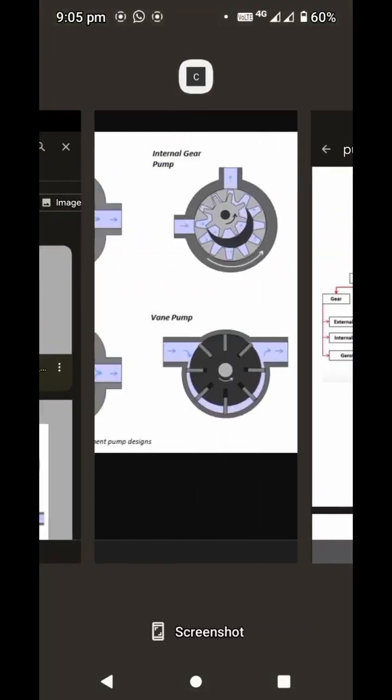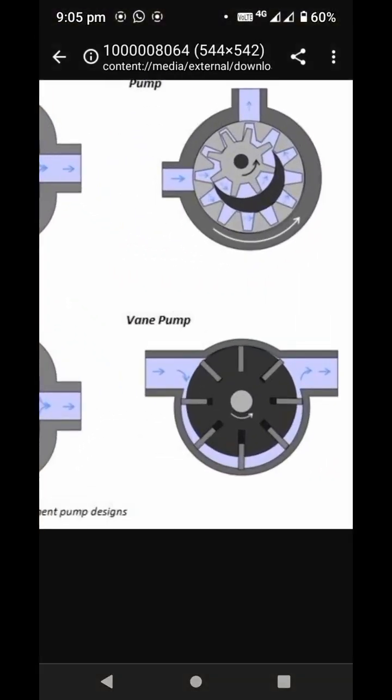Eccentricity means there is a shaft in this particular vane pump, and over that there is a cam arrangement. If the cam center and the shaft center are on the same axis, then the eccentricity is 0. During the rotation, the eccentricity will change.